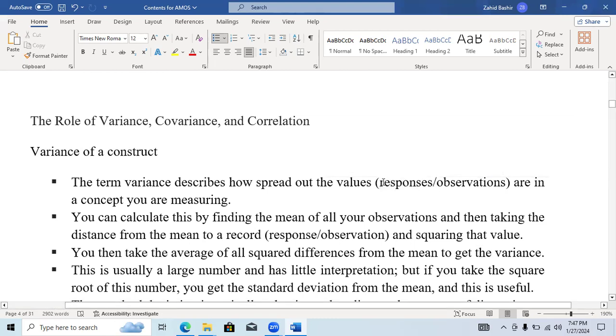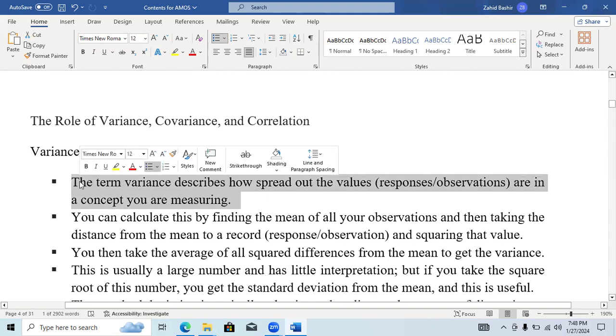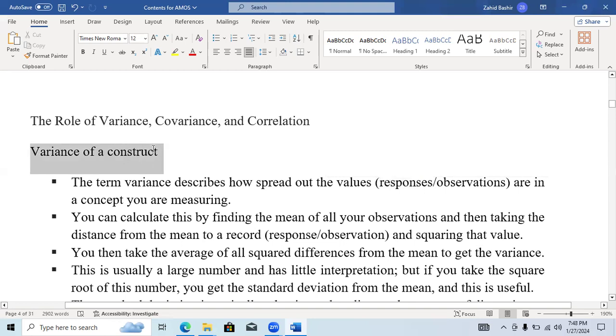So there is some variation between the responses or observations. How much variation your responses have regarding the measurement of a construct is the variance of the construct.